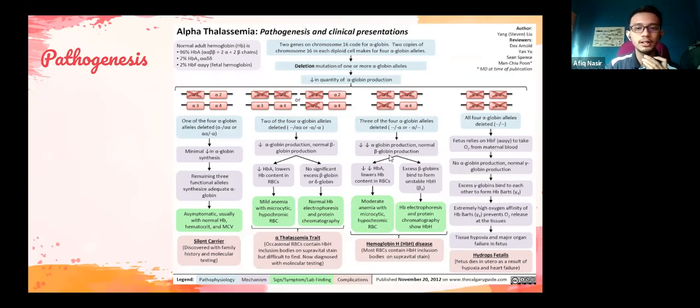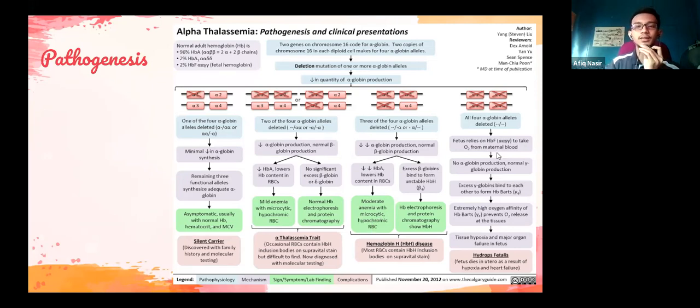This will cause an imbalance between the alpha globin chain and the beta globin chain, and this will cause excess beta globins, producing a hemoglobin that contains a tetramer of beta globin chain, which is the hemoglobin H. In the electrophoresis of hemoglobin, it will show the presence of hemoglobin H. In HbH disease, the patient will have moderate anemia with microcytic hypochromic RBC.